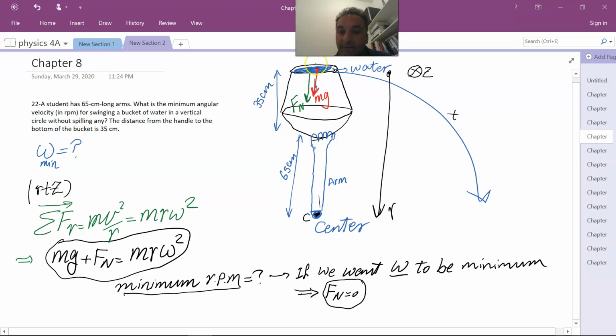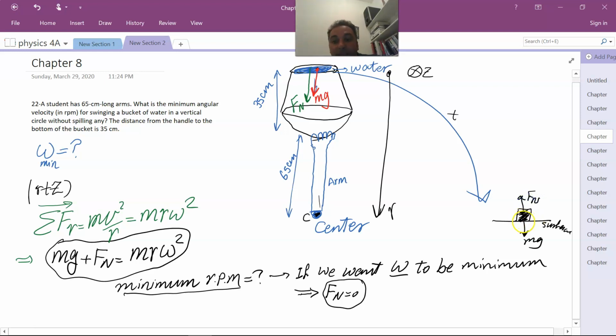Guys, Fn actually pushes the water down. So Fn is the force that forms from the surface of the bucket under the water. Remember, what is Fn? If you have a contact surface, so this is the surface, all right? This is mg, this is Fn.